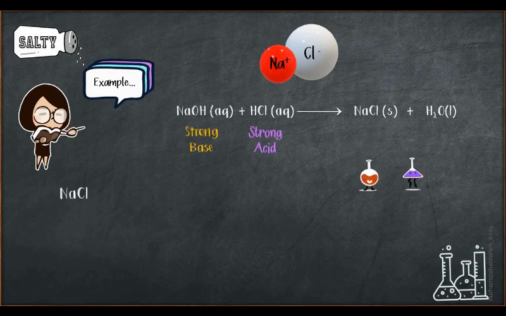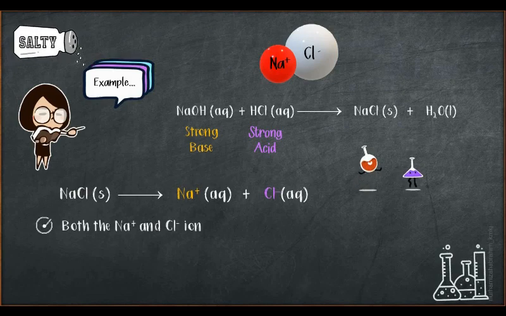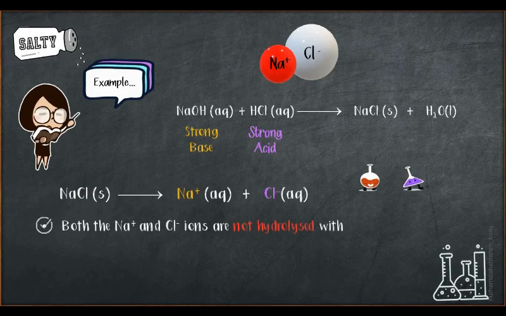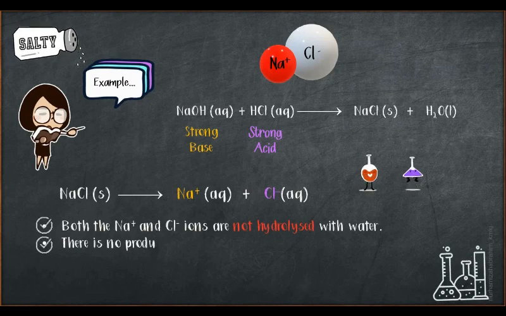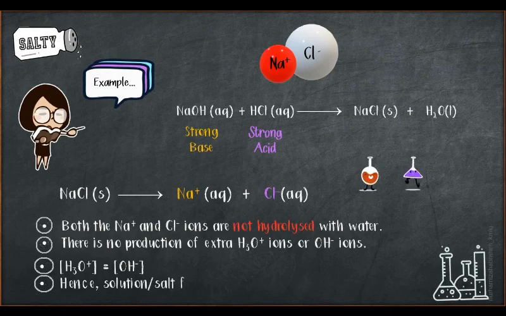When the sodium chloride dissolves in water, it will produce sodium ion, Na+, and chloride ion, Cl-. Both ions are not hydrolyzed with water. So, there is no production of extra hydronium ions and hydroxide ions, which makes both concentrations the same. Hence, the solution or the salt formed is neutral.